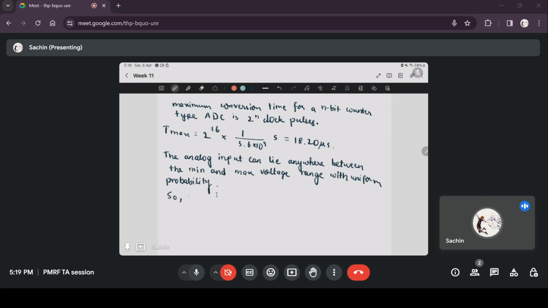So the average conversion time equals Tmax by 2, so it is 9.10 microseconds. So the answer is option A.